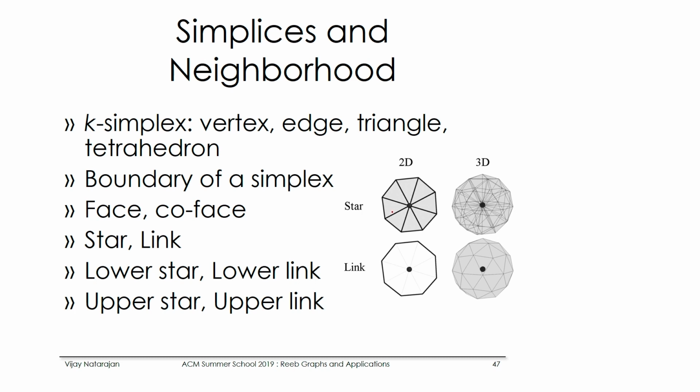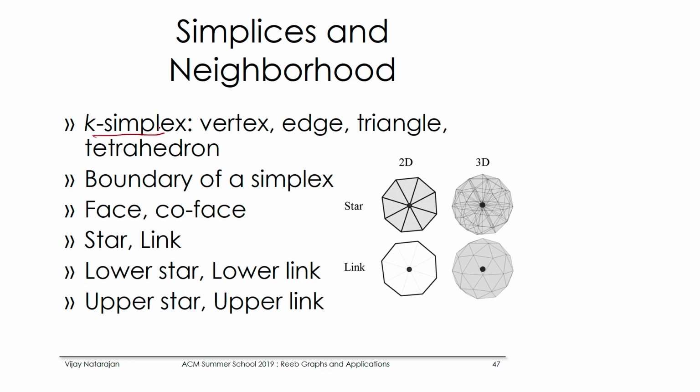These higher dimensional analogs are called k-simplices. So a k-simplex is a vertex in 0 dimension, an edge in 1 dimension, a triangle in 2D, a tetrahedron in 3D, and so on. Without formal definition, that's sufficient for me.